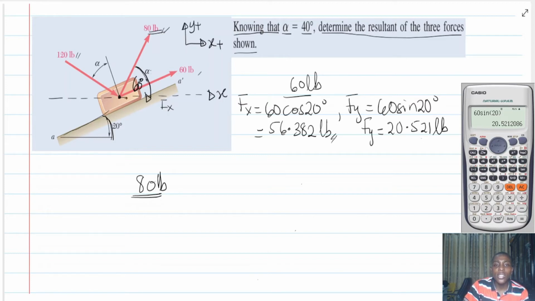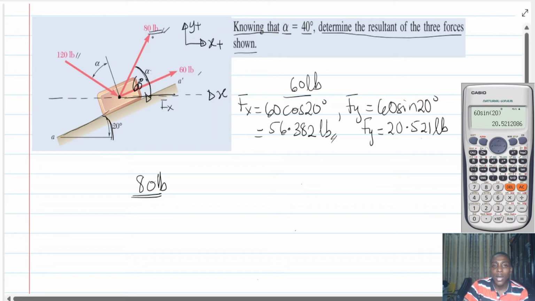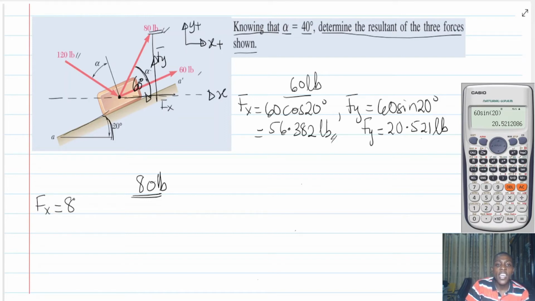The x component is in this direction, and the y component will also come this way. This is going to be positive, of course, because it's conforming to what we have here. So the x component is going to be 80 cos 60, and the y component is going to be 80 sine 60.